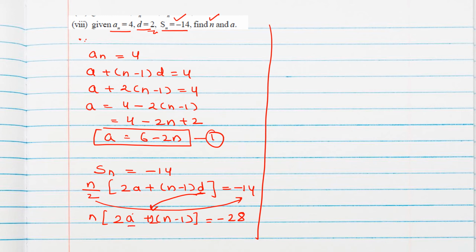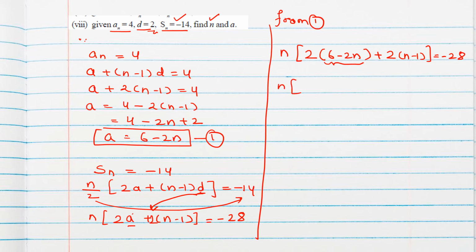Now I'll substitute the a value from 1. So n times [2 into (6 minus 2n), that is the 2a, plus 2 times (n minus 1)] equal to minus 28. Now we can open the bracket. Inside this square bracket: 12 minus 4n plus 2n minus 2.